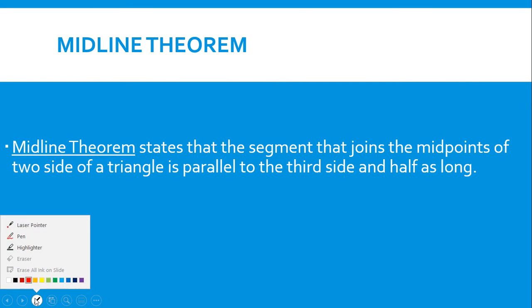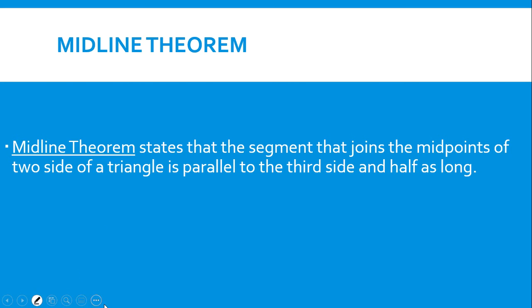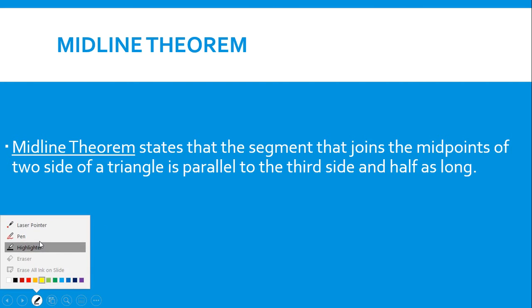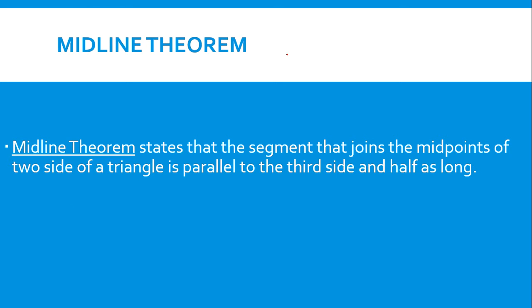So, if you illustrate the midline, this is how it looks. Okay? So, this is the triangle. Then, this is the segment. This one is what we call the midline.